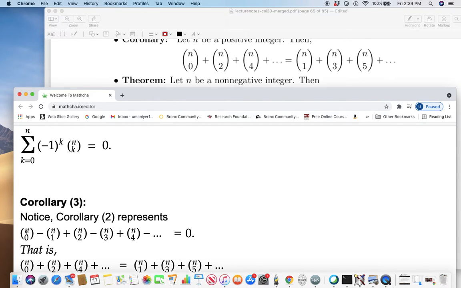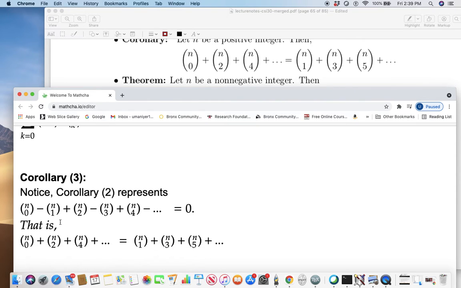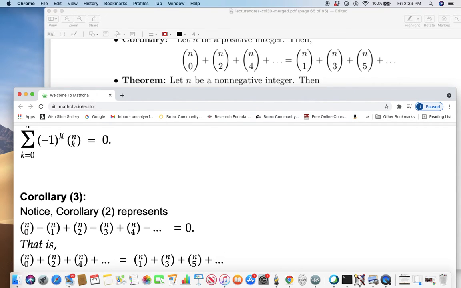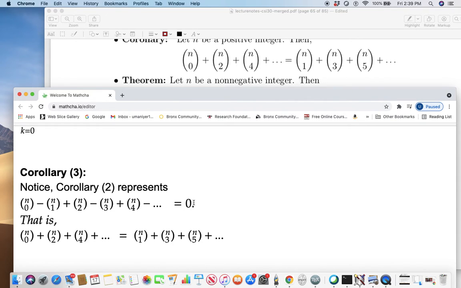So I alternate between positive, negative, positive, negative. Notice what is positive: whenever k is even, I have positives, and all the odds are negative, and all of that is equal to 0. So take the negatives and move them to the other side. So all the odds are here, all the evens are here, and that's what this corollary says.